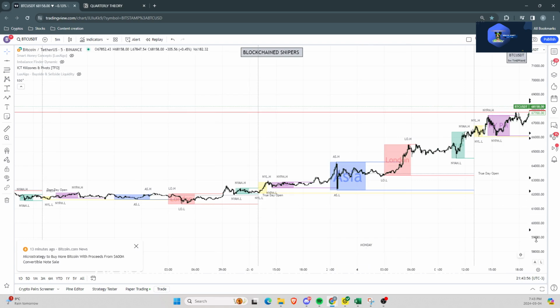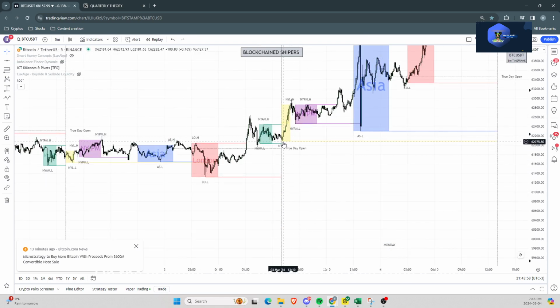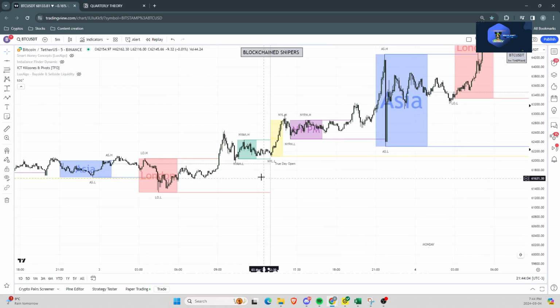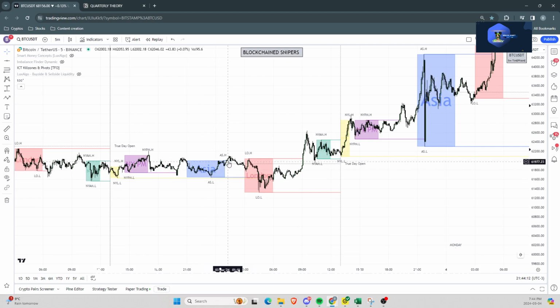Let's say the previous day. On the previous day, if you see, the true open is here, and you buy slightly, and it was going up, and you short above the true open, and then it goes down.